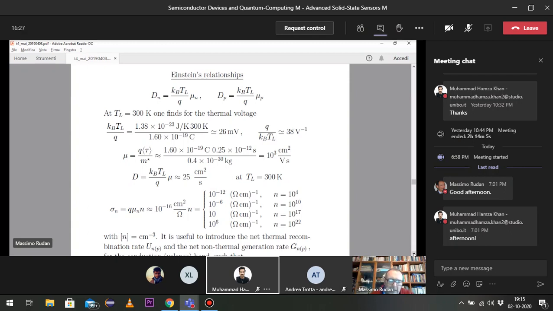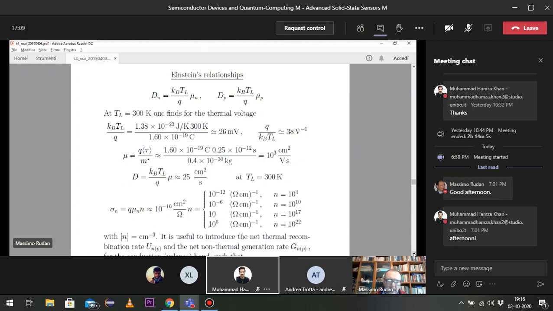Then we can make an estimate of the value of mobility. The mobility of electrons and that of holes are different, but they have the same order of magnitude. So this estimate works for both, okay? So you remember in the definition that we gave yesterday, mobility is equal to the electron charge times the statistical average of the momentum relaxation time divided by the effective mass.